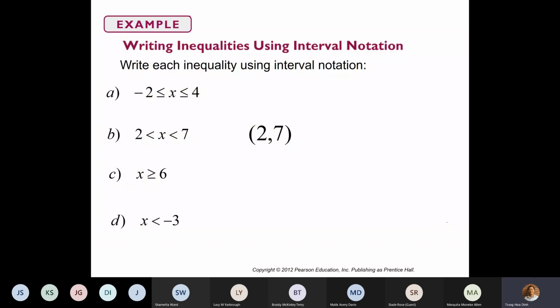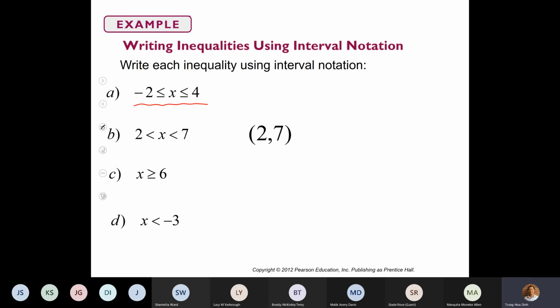That is just a very quick reminder about that. All right, now let's write inequalities using interval notation. So the first one: write each inequality using interval notation. Negative 2 less than or equal to x, and x less than or equal to 4.